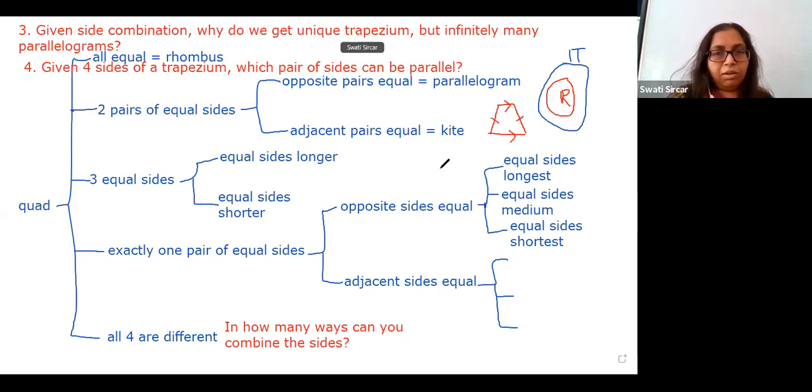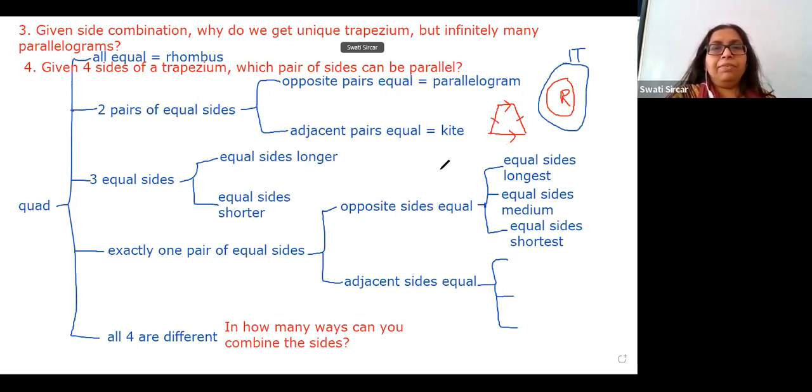We don't want that to happen. On the other hand, if you say we have one pair of opposite sides which are parallel, and the other pair is equal, then you leave it open that this may also be parallel and you end up getting a parallelogram. Again, that is not good. So there is a problem.